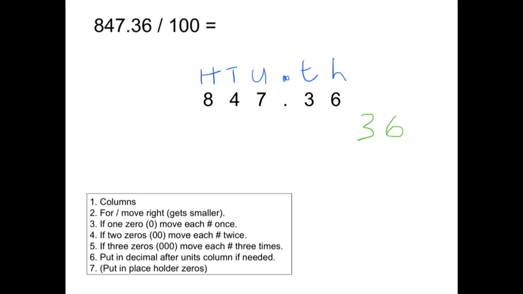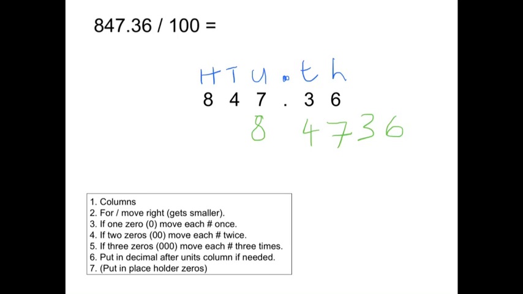Next, the 7. Bring it down, skip the decimal point, 1, 2, the 7 goes there. Next, we've got the 4, bring it down, 1, skip the decimal point, 2. Next is the 8, bring it down, 1, 2, 8 there.